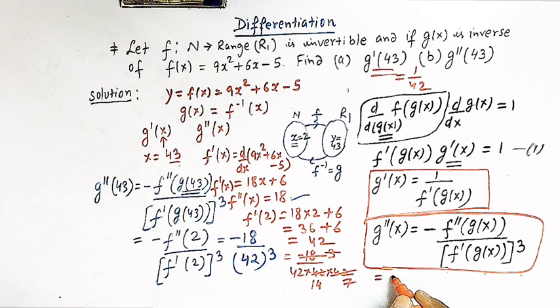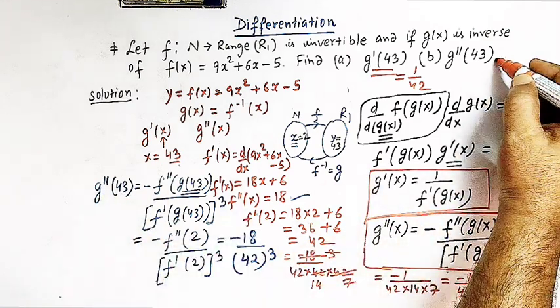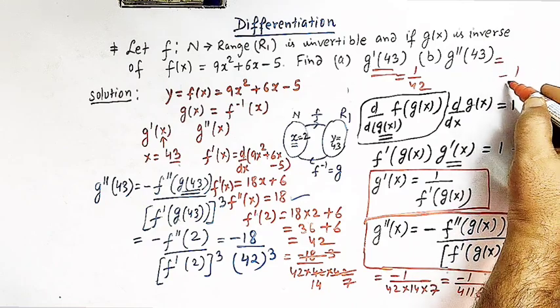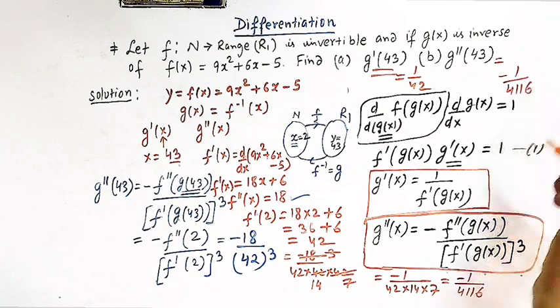So we have a minus 1 in the numerator, and here we have 42 times 14 times 7, and if we multiply all these three numbers, we'll get minus 1/4116, right? So viewers, the value of g″(43) is given by minus 1/4116.